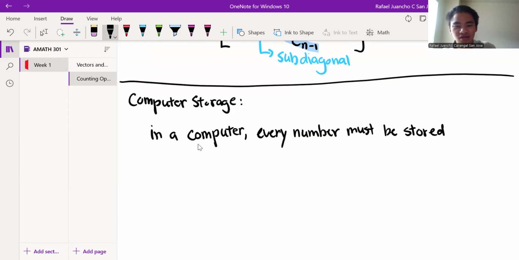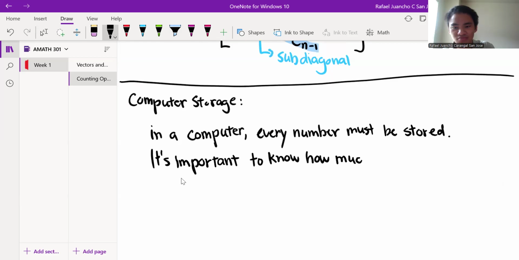Just like how we store integers or decimal points in matrices and vectors, right? And the purpose behind it is that it's important to know how much data needs to be stored.